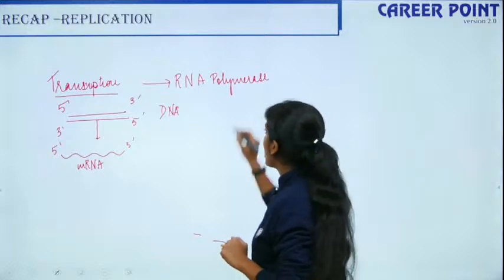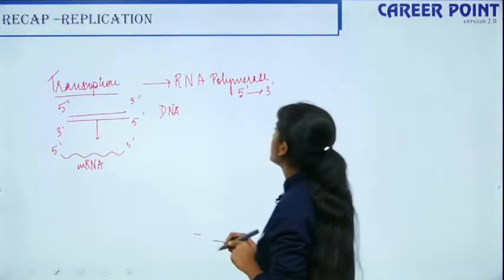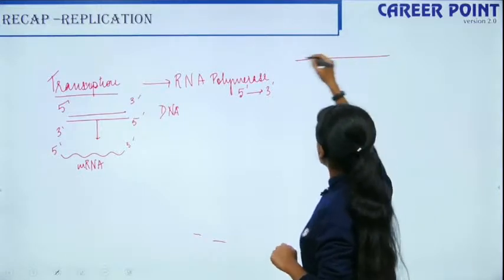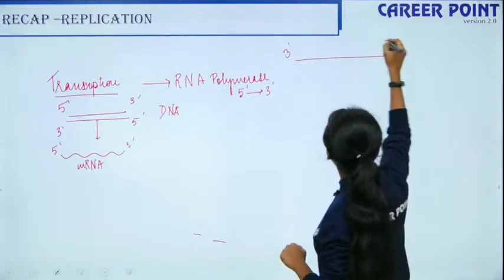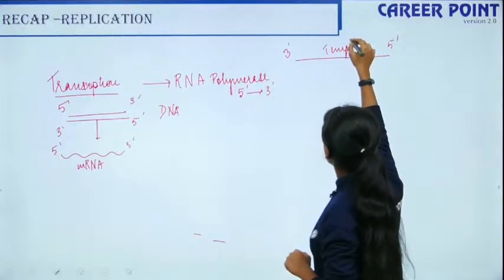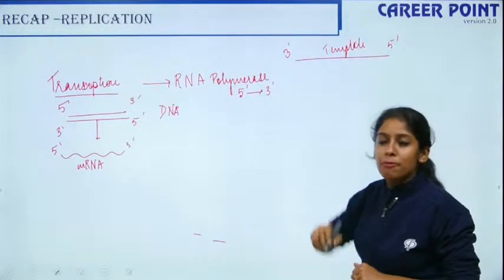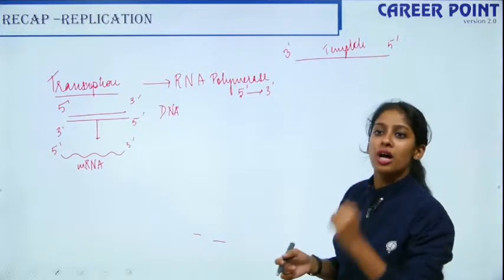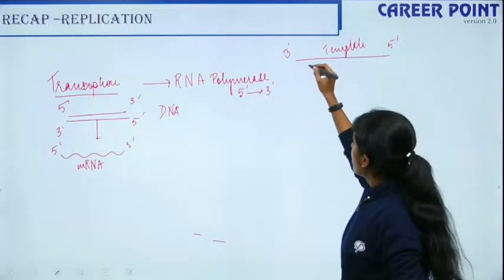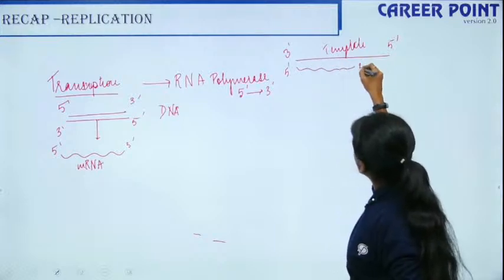This RNA polymerase can only catalyze the synthesis again in the 5' to 3' direction. Thus the DNA strand which has 3' to 5' is used as a template strand. So this strand of DNA acts as a template strand for the process of transcription. This template strand will direct the synthesis of the mRNA molecule from 5' to 3'.